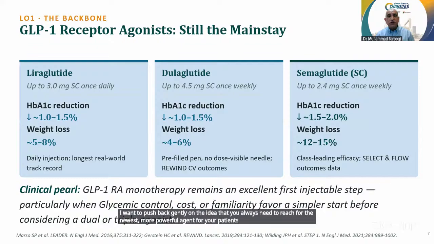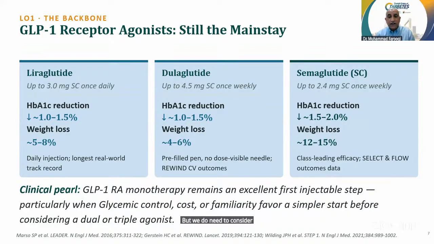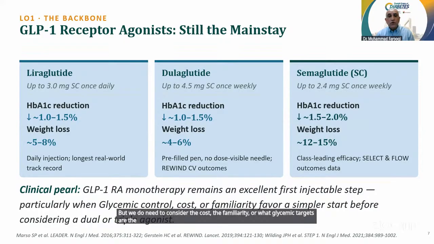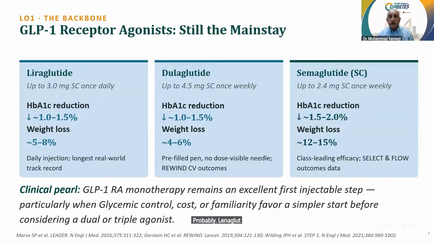Sometimes our patients do come to our clinics with these preconceived ideas, but we do need to consider the cost, the familiarity, or what glycemic targets are the priority. So if you are looking for a reduction in A1C, for example, along with weight loss, probably liraglutide once daily may be your choice.